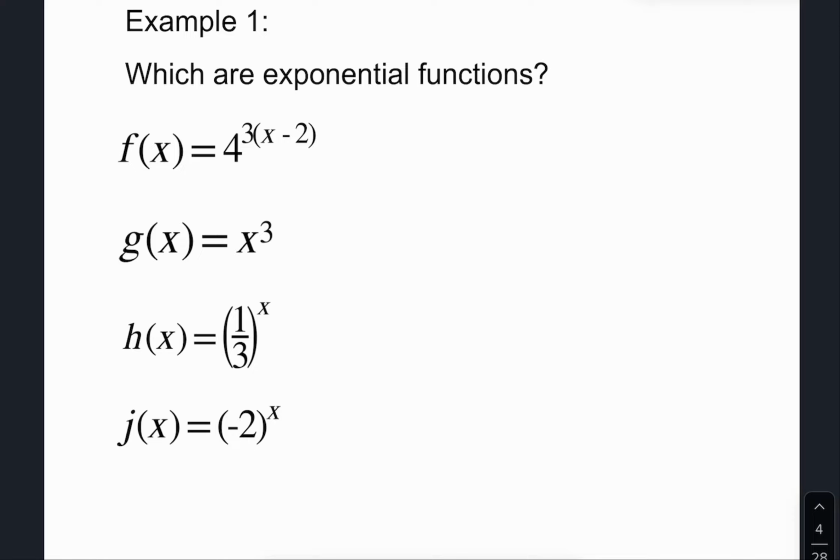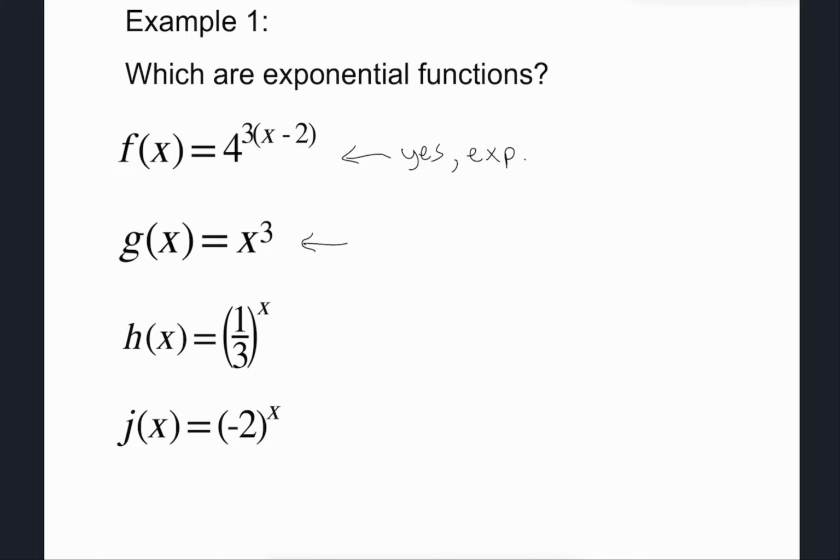So let's first just practice identifying what an exponential function is. So this first one here, we have a base, we have some function of x as an exponent, so that one is an exponential. This one is not.